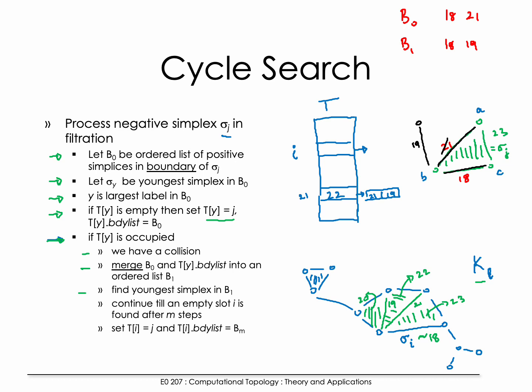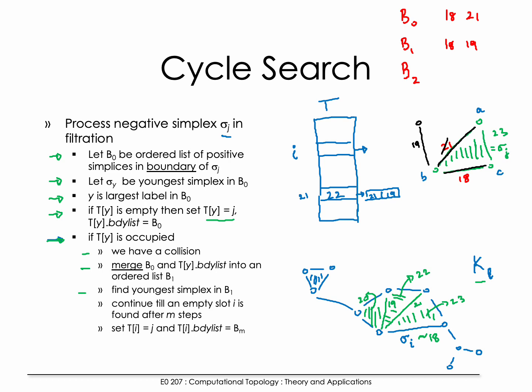Now you will notice that 19 also has to be occupied because if you look at our initial filtration at the bottom, you notice that 19 was a creator and the cycle that it created was destroyed by 20, right? So you have yet another collision, so hence you have to merge B1 with the boundary list at 19.